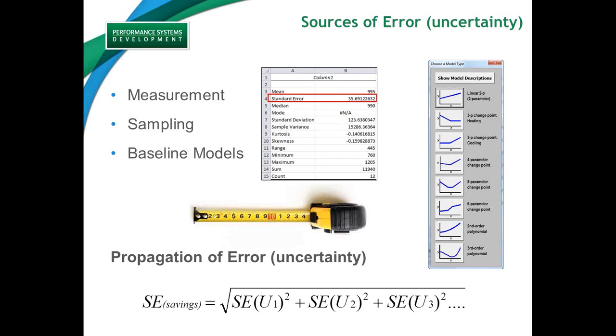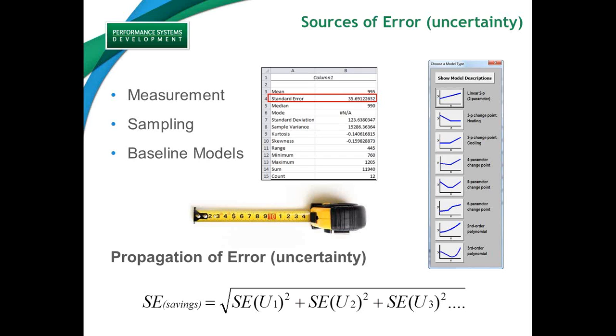I drew the tape measure up just as a simple example of how you cannot measure to a perfect measurement. There's always uncertainty related to a measurement, whether you're measuring electric use through a device, or flow through a pipe, steam flow, condensate flow, whatever it might be. And then at the bottom, you see the equation here. This is in IPMVP Volume 1, Appendix B, of how this error propagates.